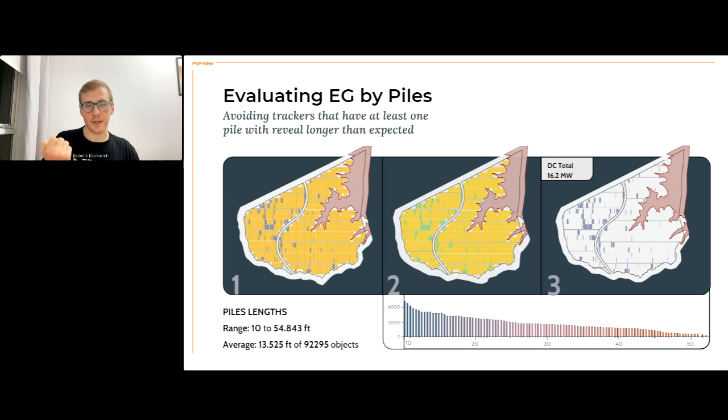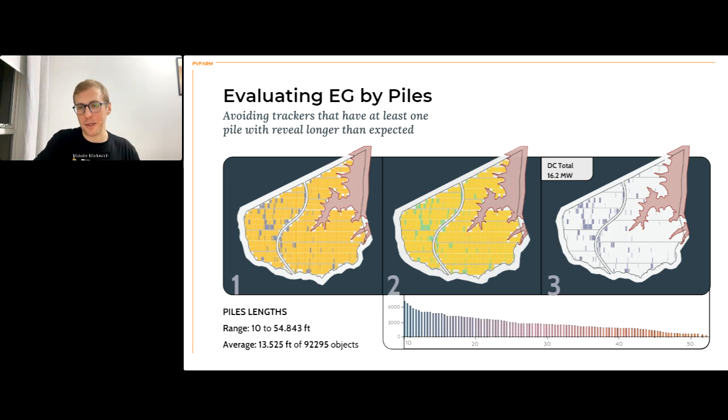So let's say your maximum reveal is 5 feet, and then you add some margin of error. If you have piles with reveals longer than that, you will need to do grading there if you want to place this equipment, right?